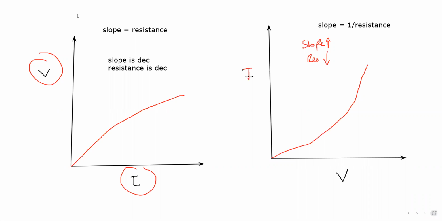Then the resistance of a wire. If you want to find the resistance of a metal wire, first we should understand what factors it depends on.